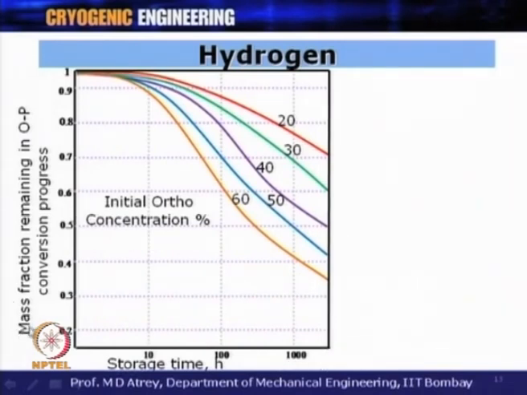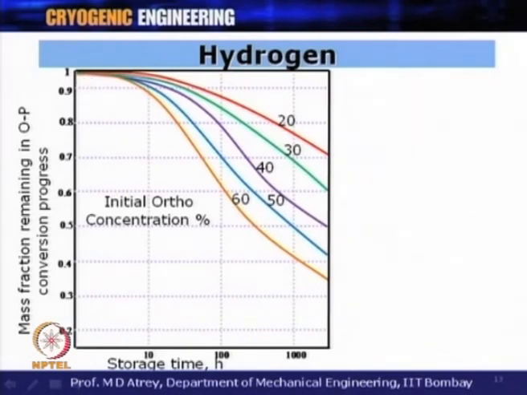For example, this talks about mass fraction remaining in ortho to para conversion progress, and this is the storage time on the x axis. If I talk about this line for example, I have got liquid and this liquid has got 60% ortho. That means the whole conversion has not taken place during liquefaction. The liquid which I have got is stored with 60% ortho in it.